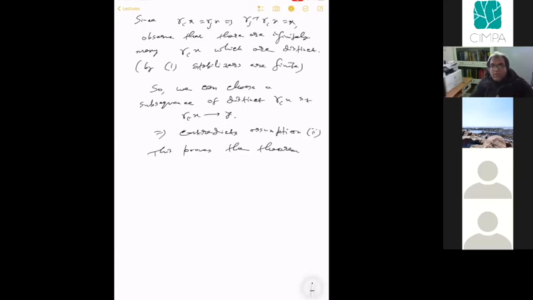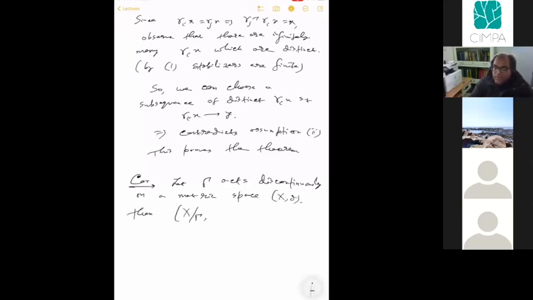Now, quickly, let me come back to my original question, when we can metrize X mod gamma. So corollary, okay, so let gamma act discontinuously on a metric space (X, d).